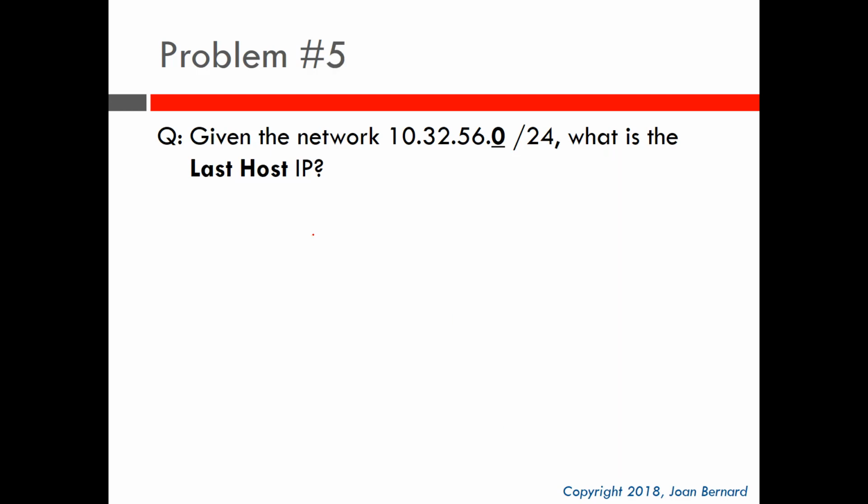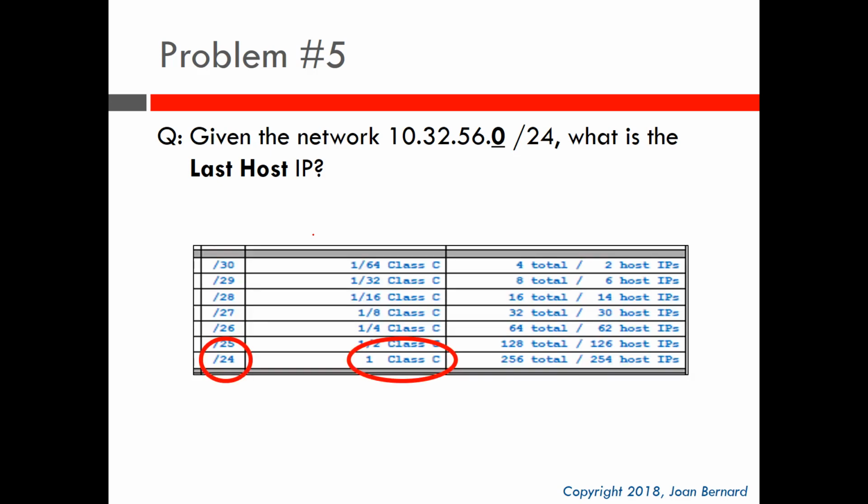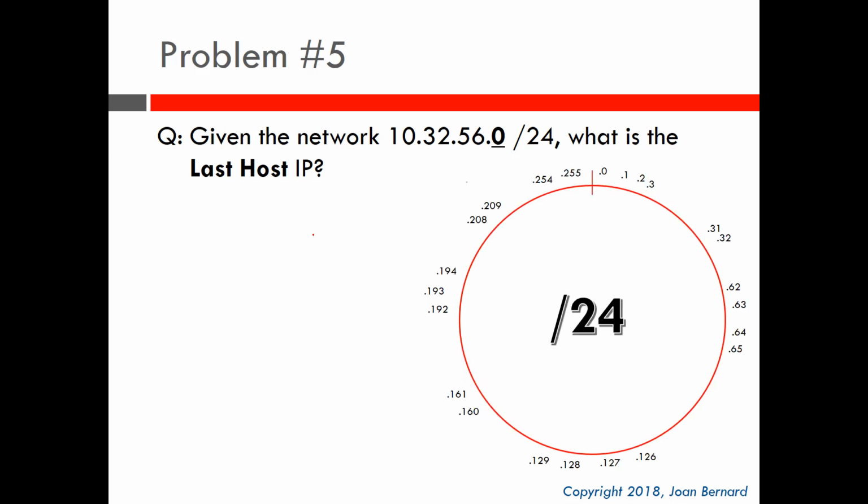All right, we're going to take a look at problem 5, which uses the exact same network. Given the network 10.32.56.0/24, what is the last host IP? So once again, /24 is one class C. That means I'm looking at one subnetting wheel or one pi. We've already defined the .0 as the network IP, the .1 as the first host, and the .255 as the broadcast.